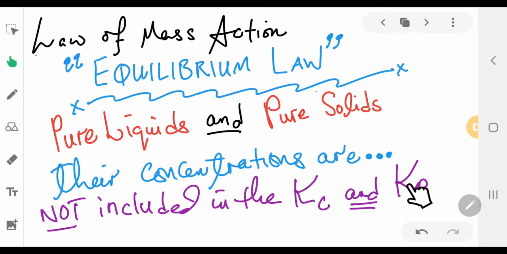So when we write Kc and Kp, when you have pure liquids and pure solids in your equilibrium reactions, we're not going to be taking that into consideration. Why?